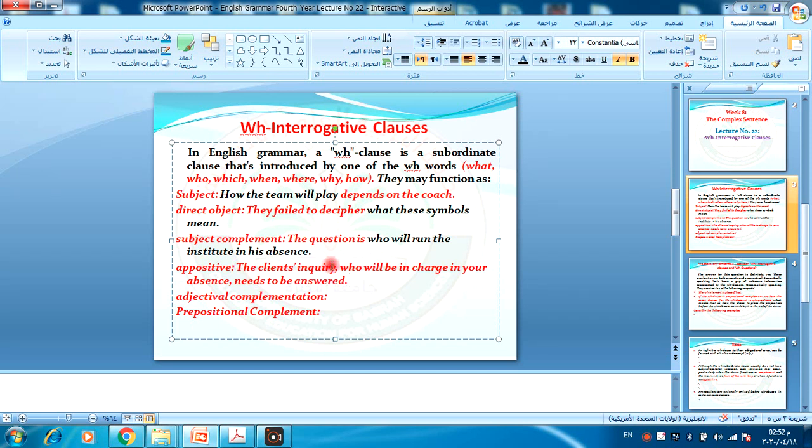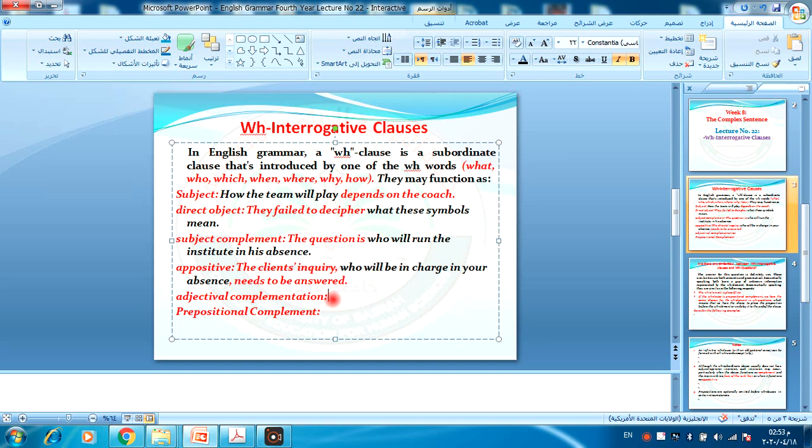So who will be in charge in your absence is the appositive. And let me remind you what is meant by an appositive. The appositive is a noun phrase or a clause that functions to describe the noun beside it. So who will be in charge in your absence is the clause that is used to describe what? To describe the client's inquiry. So that's why we consider it as an appositive to this clause.